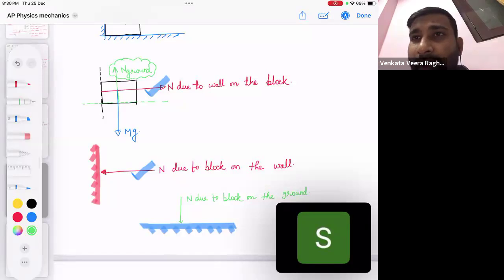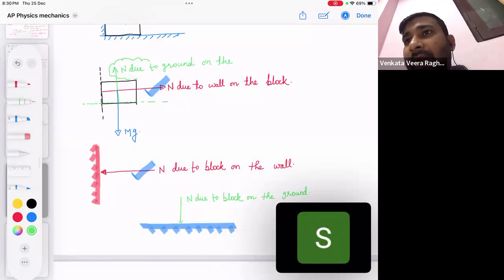What is this one written? Is it written normal due to ground on the block? Please tell me, are these two again forming an action reaction pair? Please tell.